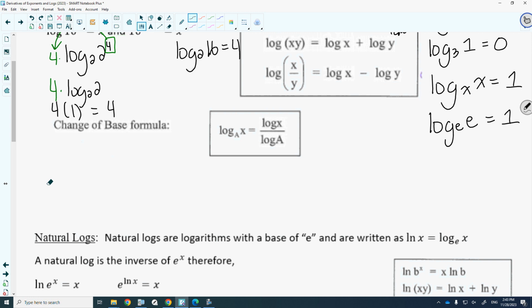Do you remember? Write down log base 5 of 25. So first of all, before you see what the pattern is, evaluate what the log base 5 of 25 is.